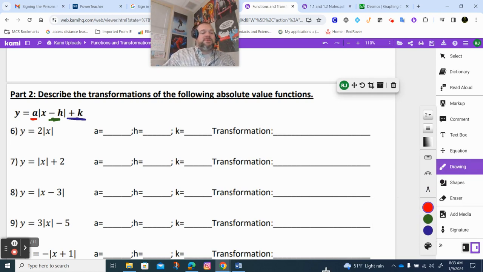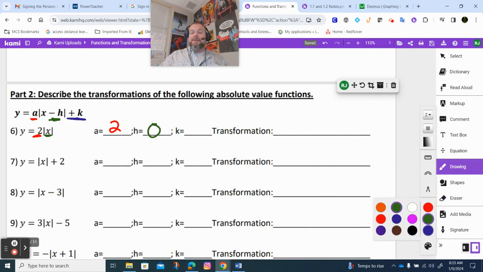All right. Number 6. What is our A value? What is that number way out in front? 2. Awesome. What is our H value? What is being added or subtracted inside there? 0. Yeah. There is a 1 in front of the X, yes, but what's being added or subtracted to it is 0.